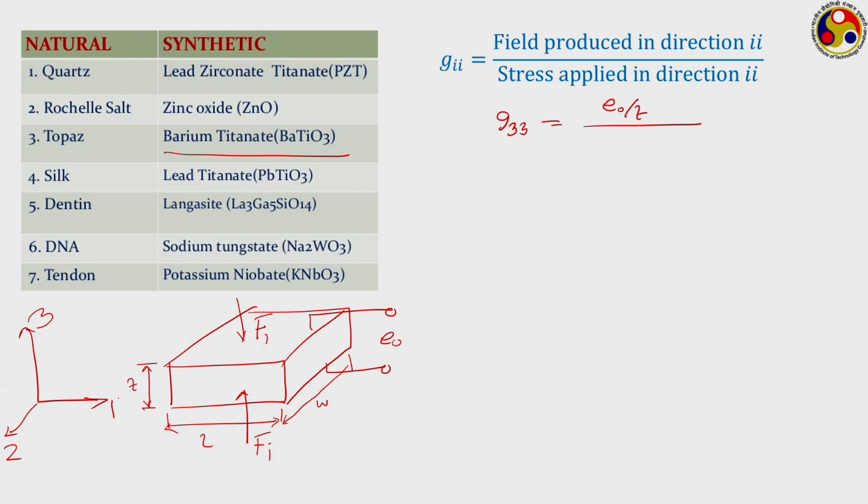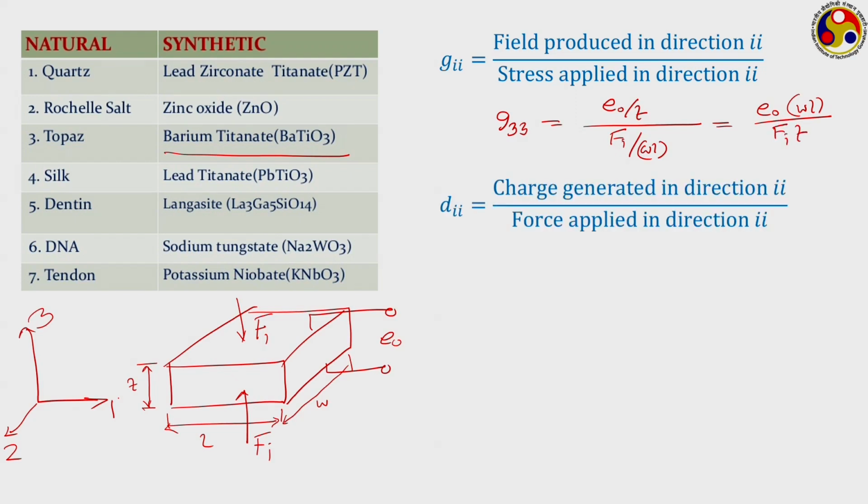So, this is the electrical field that has been produced in direction 3, divided by the stress applied. How much is the stress? Fi is the force that you are putting in, divided by the area W into L, and so the denominator refers to the stress that you are applying there. If you simplify this, we have E naught into WL in the numerator and Fi into t in the denominator. So, this is the first parameter.